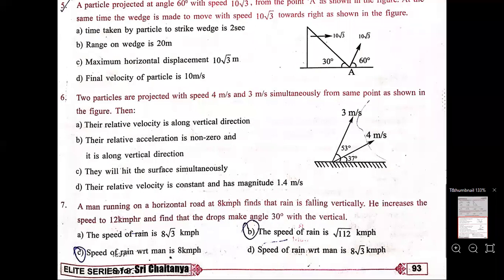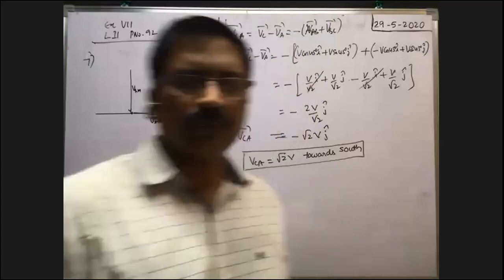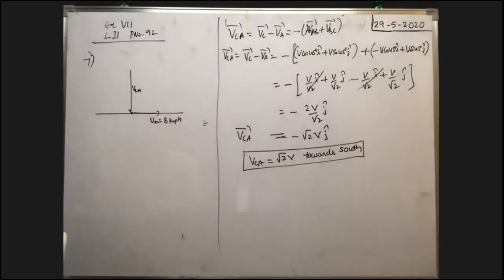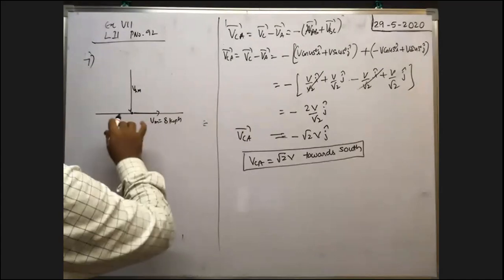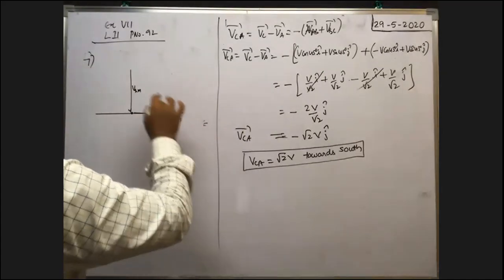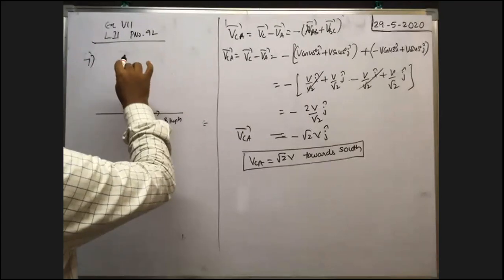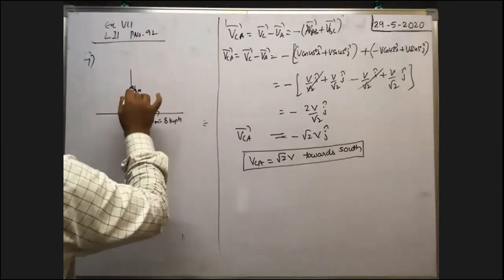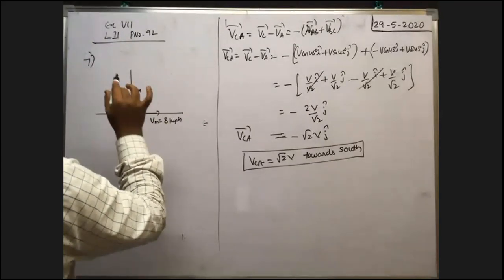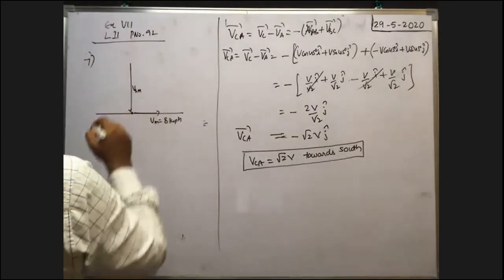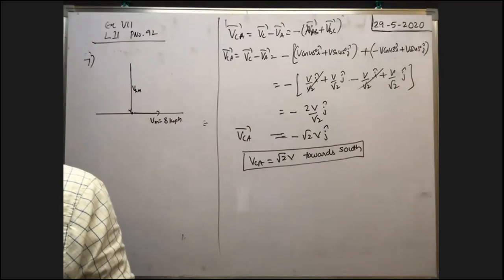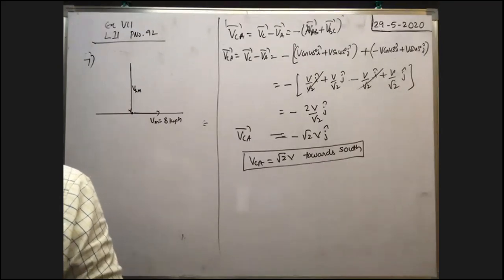Okay. Have you seen the question? Now look at the board. Now you see here the man is moving with a speed of 8 km per hour towards right, say. The rain appears to be falling vertically downwards, which means the relative velocity of rain with respect to man is vertically downwards. In which case is it possible?